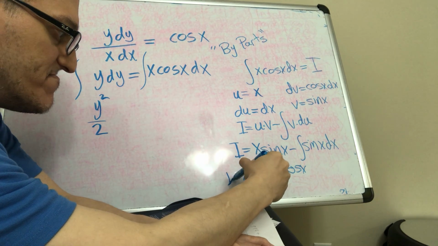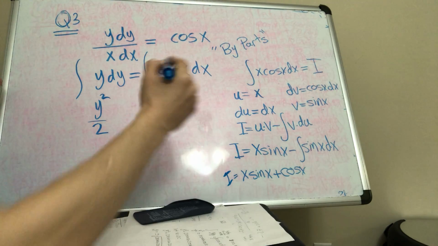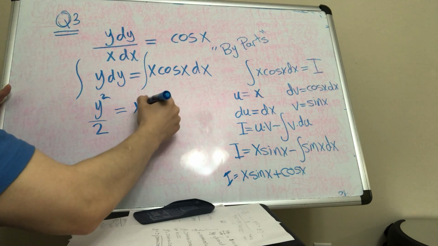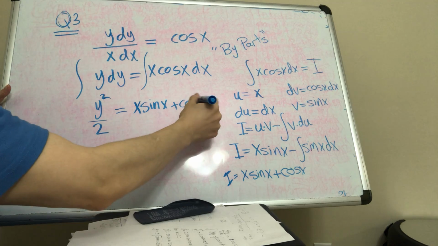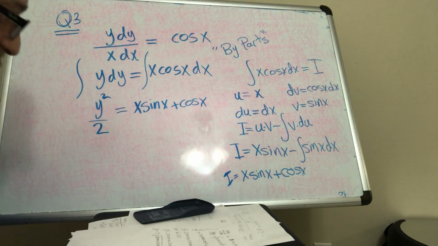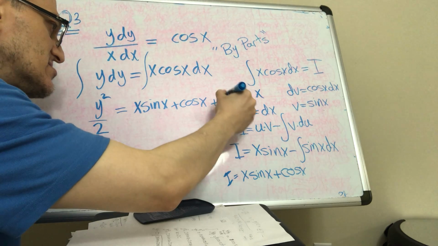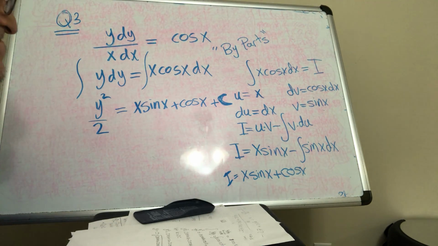That's your I. So now I know the result of the integration. The integration here is x sine x plus cosine x plus a constant. And I told you last time, the constant we always put with the x part.